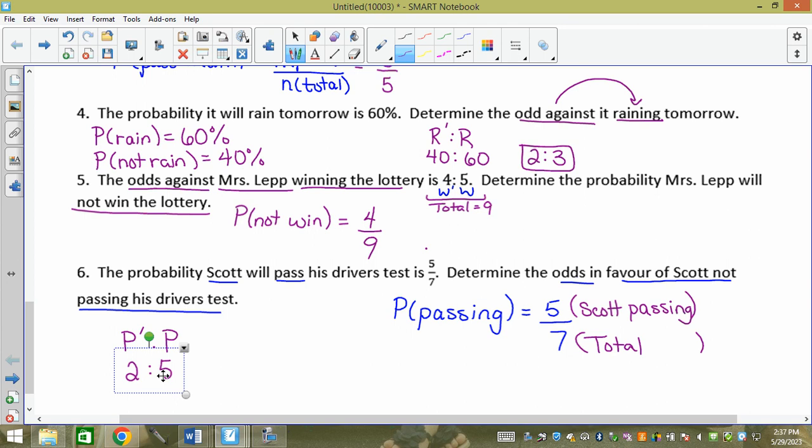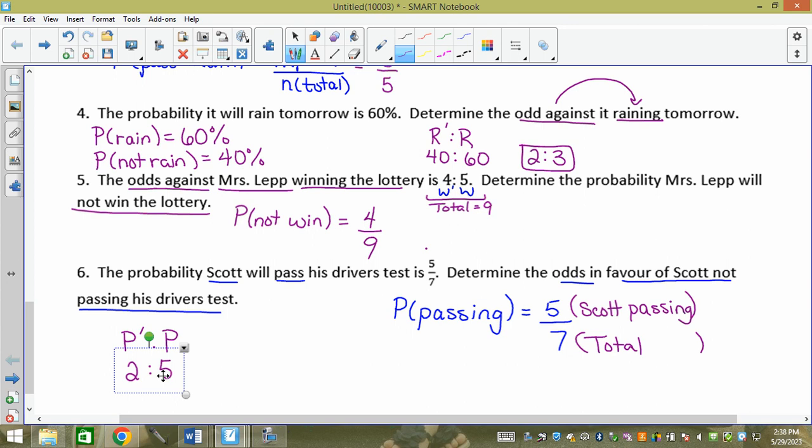Would you put them all into probabilities so you can compare them, or would you put them all into odds? Probabilities is what you put them in, because can you compare odds when they're out of different totals? Can you turn a probability into a decimal and say, oh, this one's 30%, this one's 35%, this one's 40, right? So if you're comparing something, you want to find out the least likely or the most likely one I want to pick, I have to convert them all to probabilities. Okay?